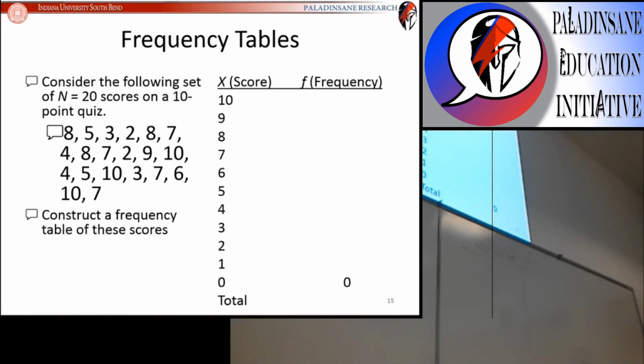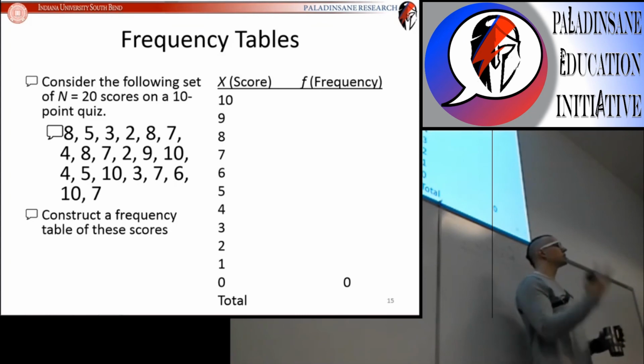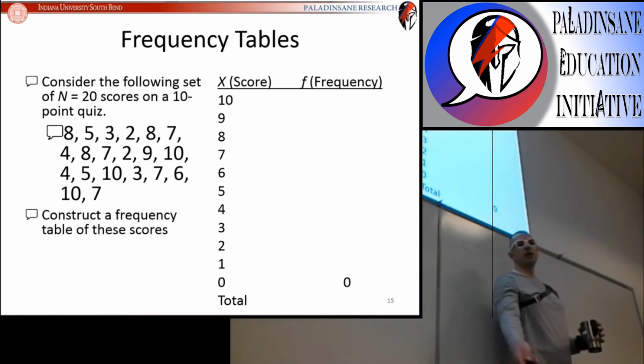So 0 out of 10 never occurs. You would do the same for 1 out of 10. You would scan through the 20 scores, and 1 out of 10 does not occur. It also has a frequency of 0. So this table has now told us that for a possible score of 0 out of 10, 0 people achieved it, and for a possible score of 1 out of 10, 0 people achieved that.